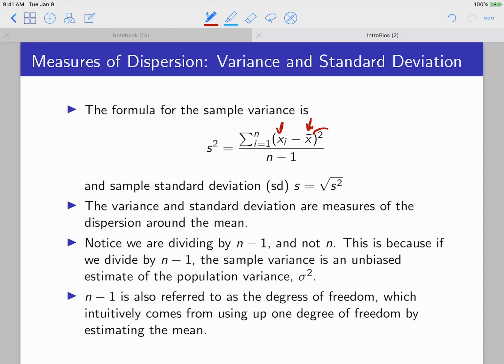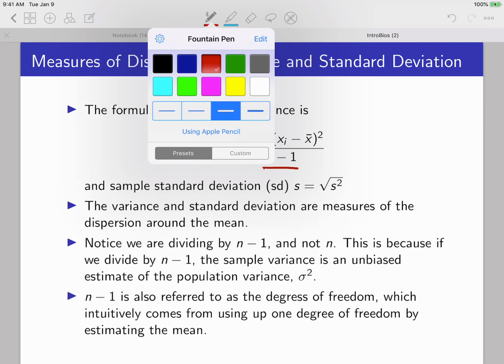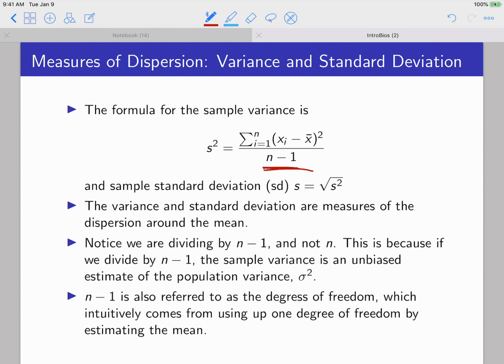We square that quantity and add all those up. Then the quantity that we get is divided by n minus 1. For the sample standard deviation, it's simply the square root of that quantity. So the variance and standard deviation are measures of dispersion around the mean.